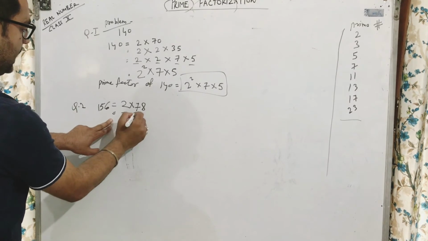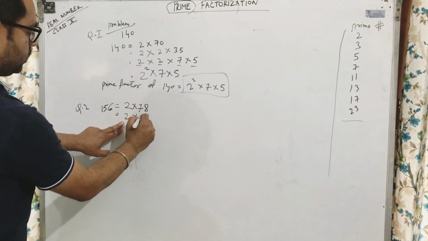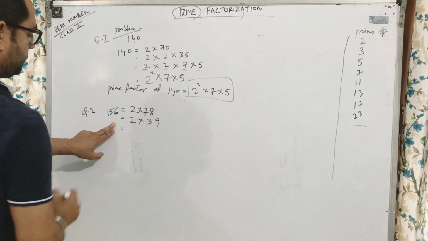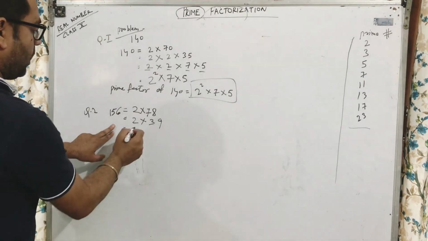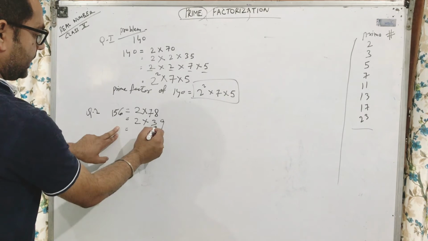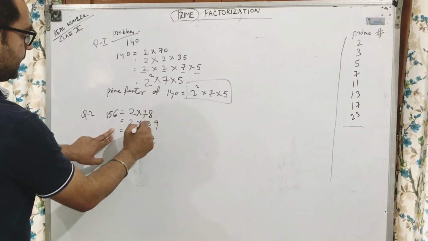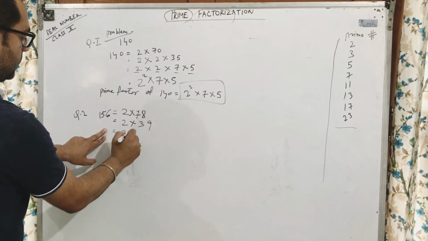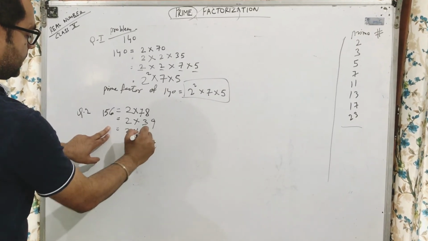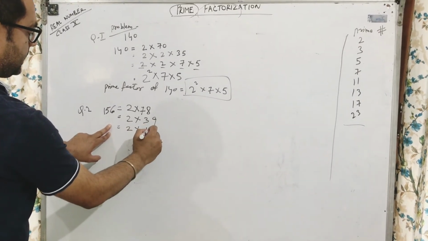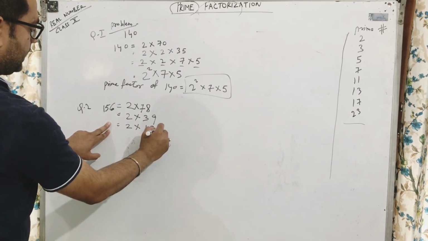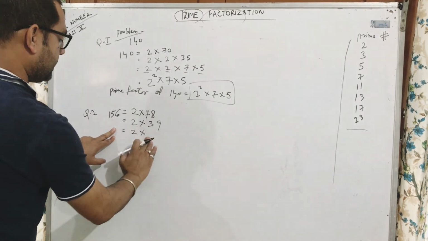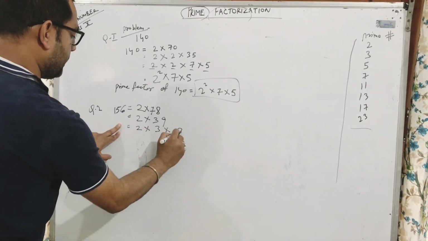Again we will divide by 2. 2 3s are 6, 2 9s are 18. So 78 is 2 into 39. Now 39 can again be divided by 3: 3 1s are 3, 3 3s are 9. So 39 can be written as 3 into 13.